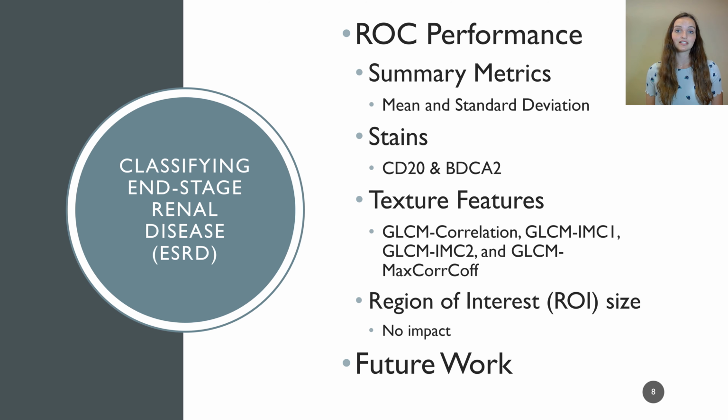Region of interest size did not impact ROC performance. These results will be used in future work to train a multi-feature support vector machine and a VGG19 convolutional neural network for deep learning to increase the performance of this classification task.